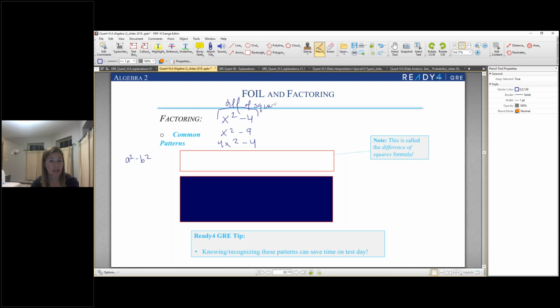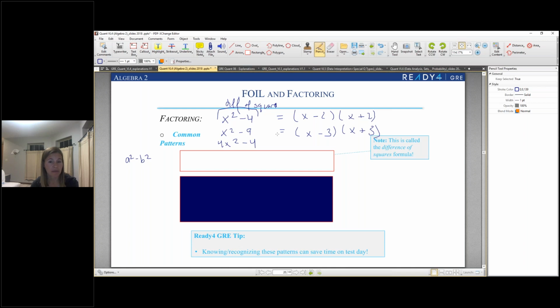The reason this is important to know is because these factor in a very predictable way. I'm just going to write them out here. Whatever the square root of this guy is, you're going to add it once and subtract it once. So here the square root was 2, so that becomes x minus 2, x plus 2.